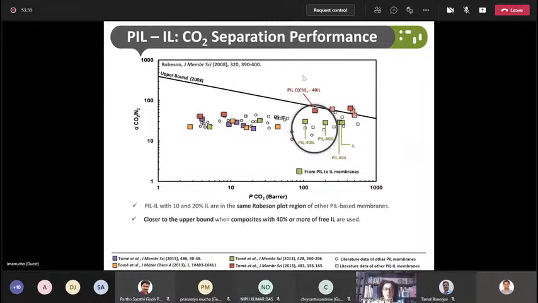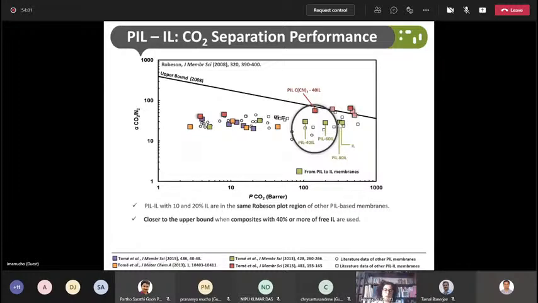Here we have the change from polymers to ionic liquids. And so from polymers to ionic liquids, we can see that this is 10, this is 20, this is 40. So this is the strategy of blending ionic liquids inside of a polymer that really increases the permeability.